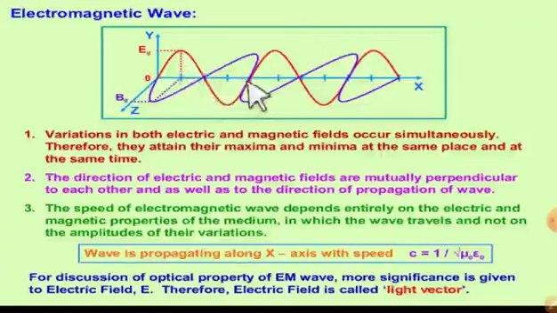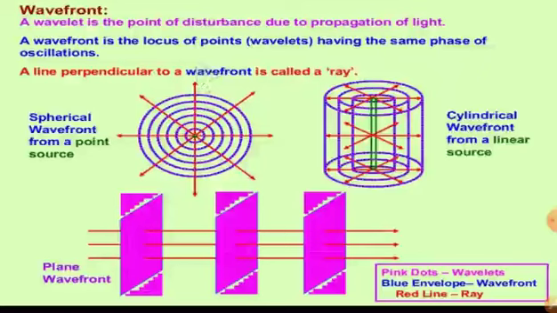So we call it unpolarized light. When this electric field vector vibration is restricted to vibrate in a particular plane, then after restricting the plane of vibration of this electric field vector, we call it polarized light waves. Now let's see wavefront.